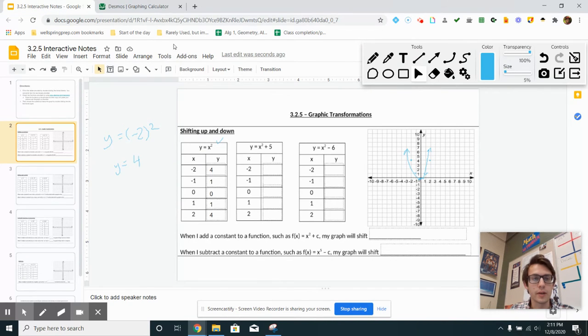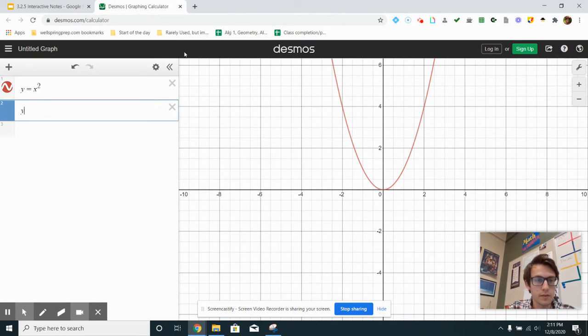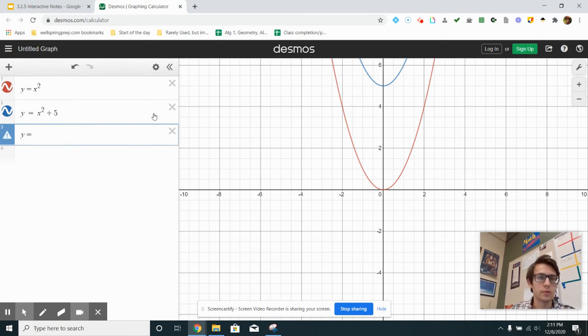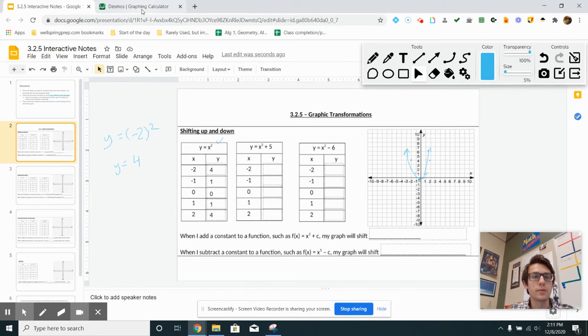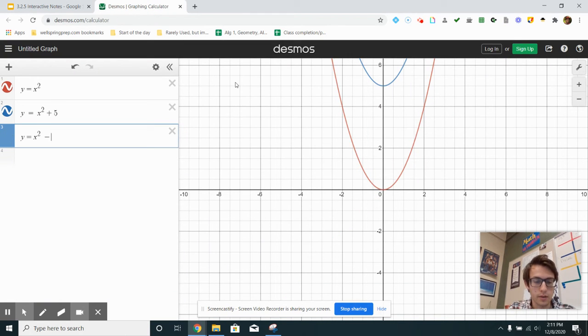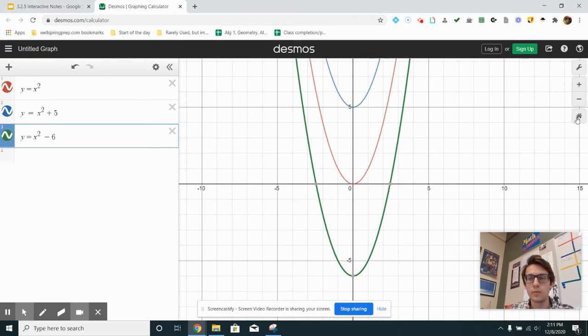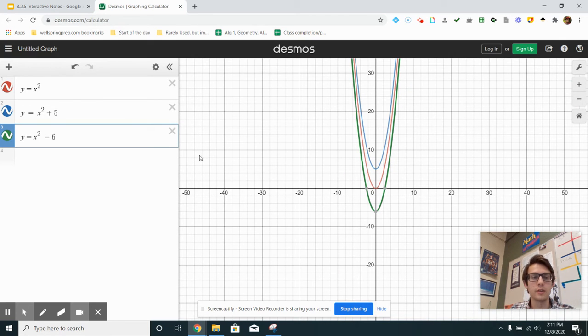Our next one is y equals x squared plus 5. Our next is y equals x squared minus 6. We can zoom out a little bit to see better. So we have our three functions. In red is x squared, blue is x squared plus 5, green is x squared minus 6.